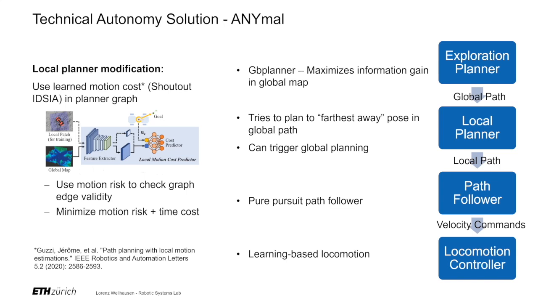When the local planner realizes, nope, what you gave me doesn't work, it can feed that back to the global planner for it to replan and find a different path. Once we have a local path, this can be followed with an actual path follower, which gives velocity commands to a locomotion controller. And just to make sure this is the part we're talking about, the local planner, which I presented previously.